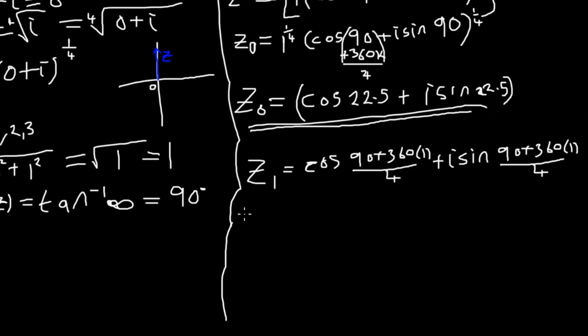So now z1 will be equal to, we just work out the solution here, 360 plus 90.